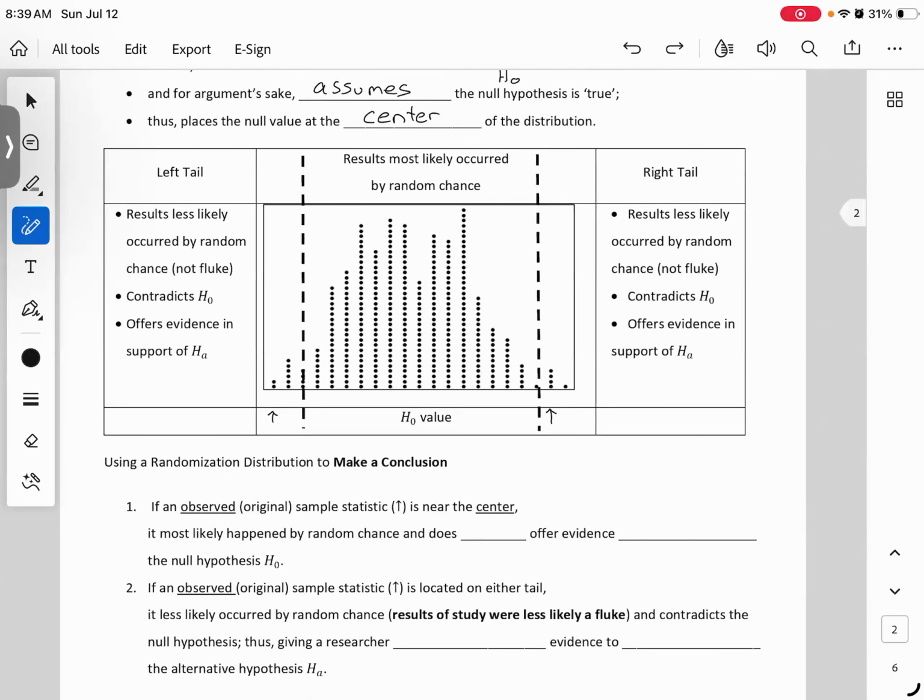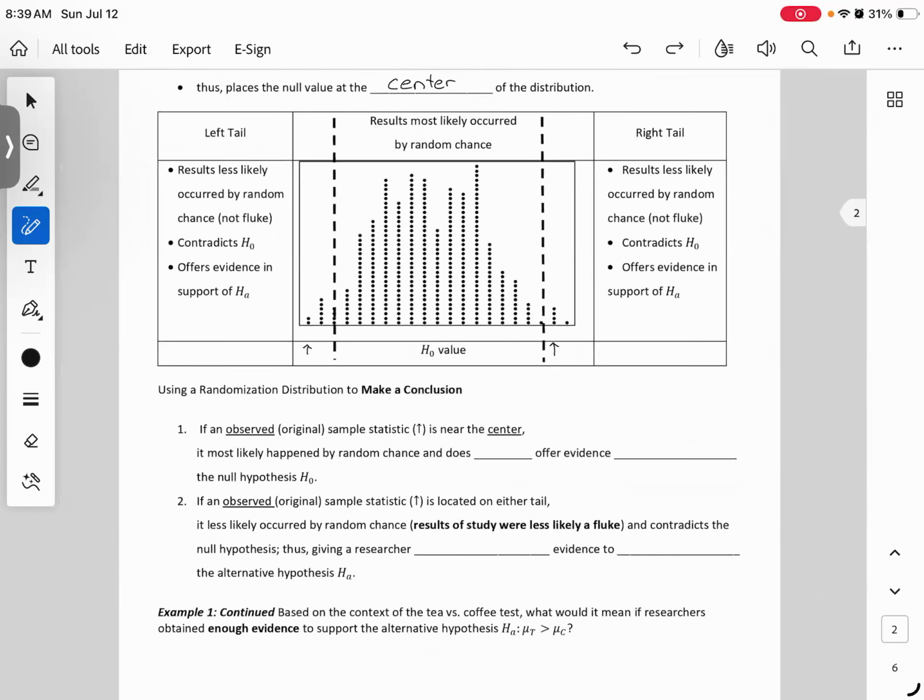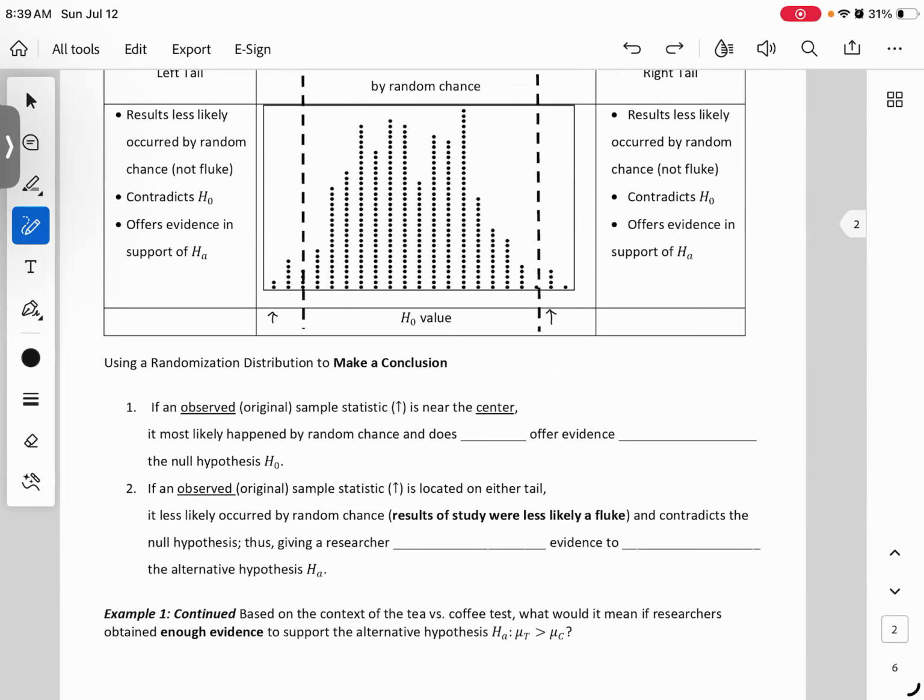And then I've got little short descriptions here. Anything that happens out on the tails is less likely to happen by random chance. Maybe it wasn't a fluke. It gives us evidence against the null to contradict them. Same thing on the other side as well. And if you're wondering why there is a left tail and a right tail, it's because sometimes we're going to be arguing for greater than, sometimes we're going to be arguing for less than.